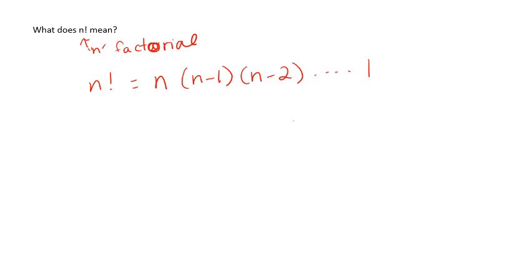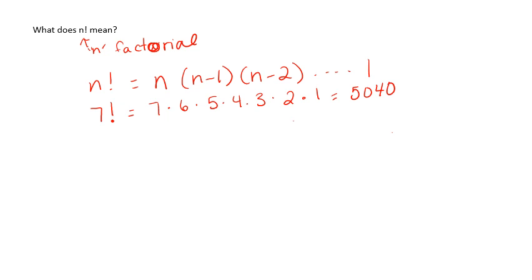So for instance, if I want to do 7 factorial, it means to multiply 7 times 6 times 5 times 4 times 3 times 2 times 1, and when I multiply that, I get 5,040.